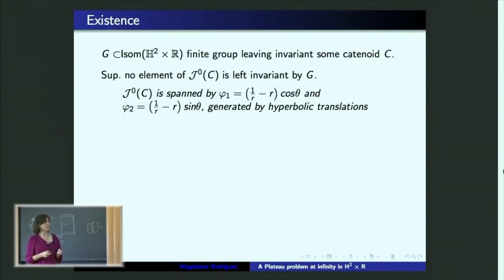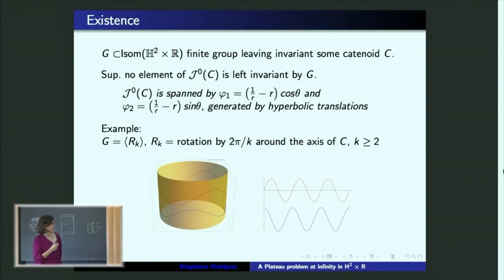Okay, in other words, these hyperbolic translations are generating the decaying Jacobi fields. These are the Jacobi fields whose boundary at infinity is 0. Okay, they are vanishing at infinity, and they are essentially cosine and sine up to some factor depending on the radius. So for instance, we could consider the group generated by one translation.